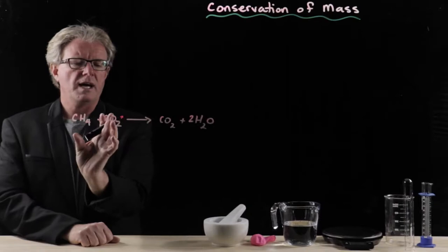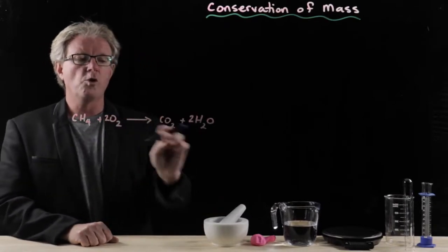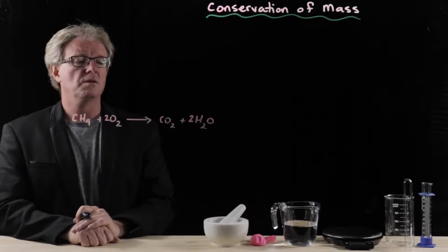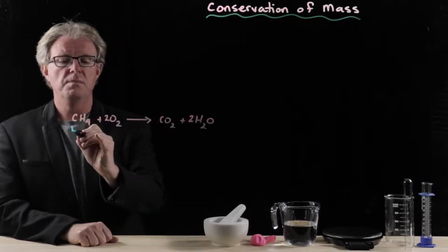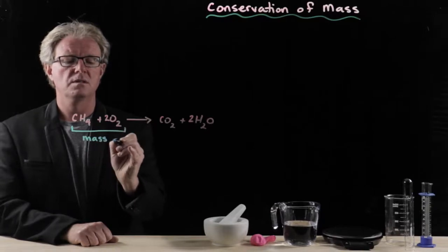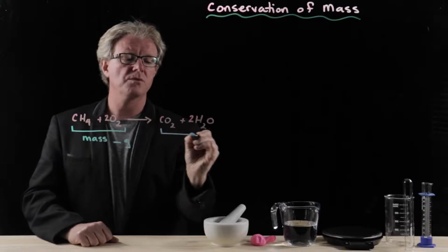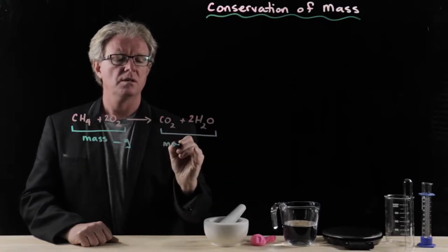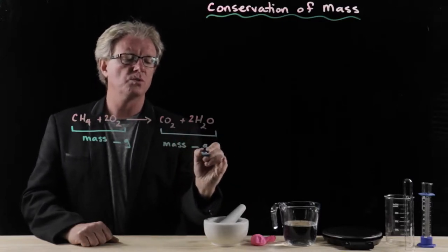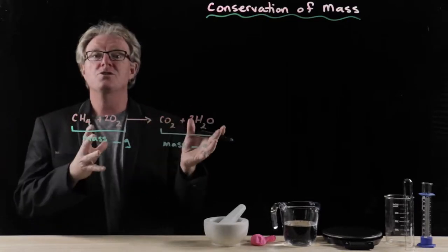Now, this is the reactants and that's the products. But what you've got to remember is that even though we've formed new chemicals on the right-hand side there, the mass of what we started with in grams, whatever that might be, has to equal the mass that we finish with. Because there is a rule in chemistry that mass is conserved.